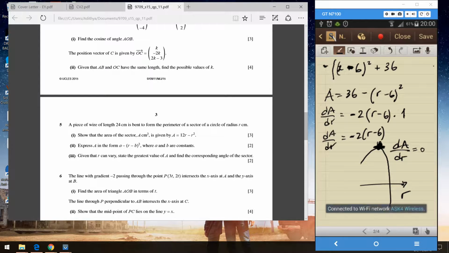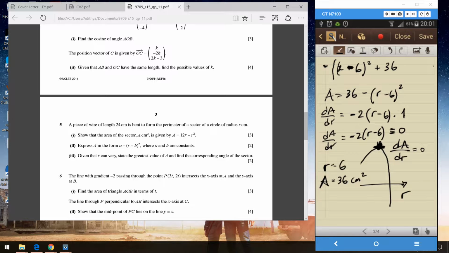We equate that to 0, and that means r is equal to 6 centimeters. If we plug that into the original equation for A, r minus 6 is 0, so the maximum area is 36 centimeters squared, and the radius for that is 6 centimeters.